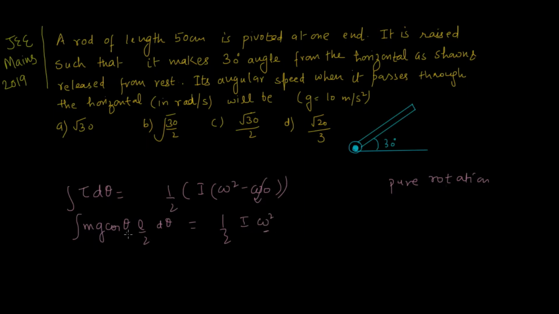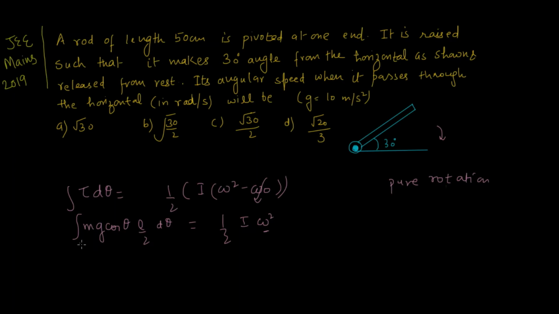Now, theta here is changing. Since motion is happening in this direction, we have to take the angles from this line. This is our 0 line, and then it is going down from here.